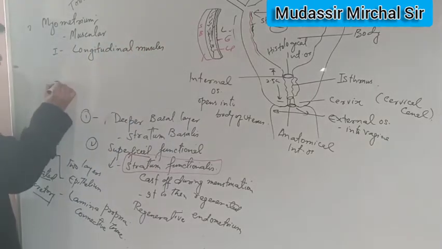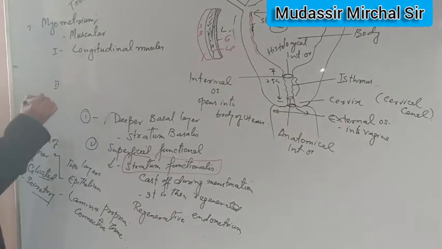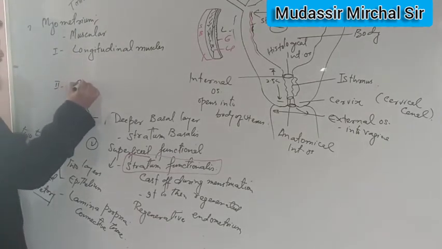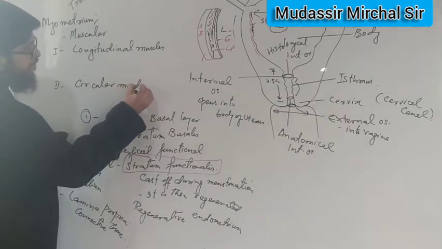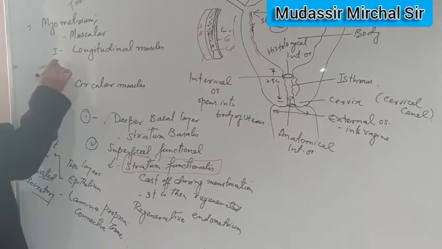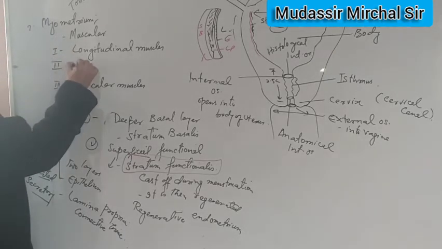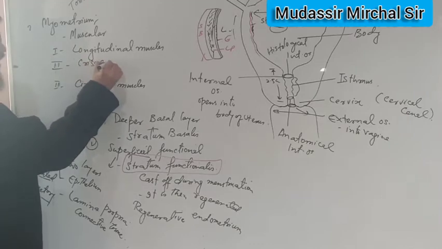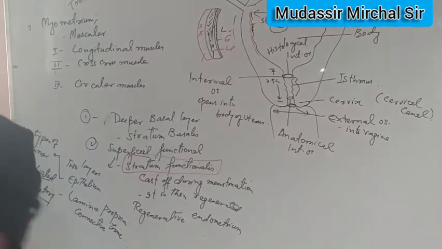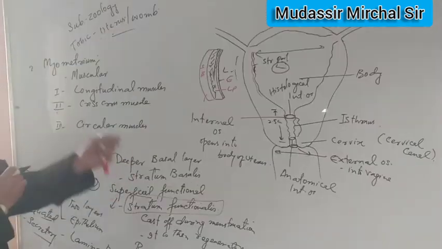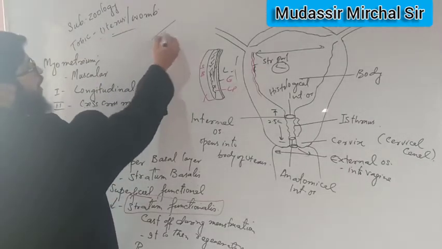The innermost layer is of circular muscles, and in between the two there are crisscross muscle fibers.